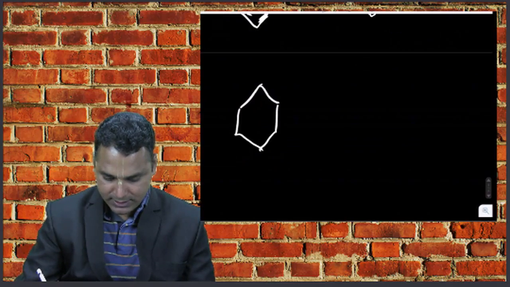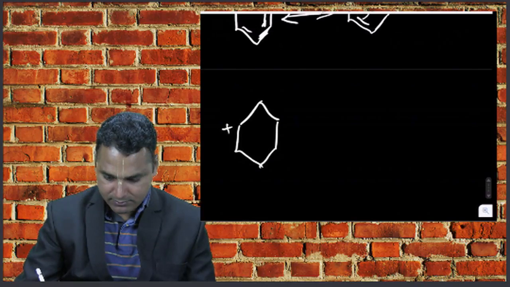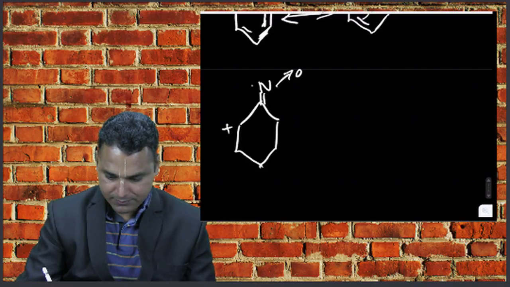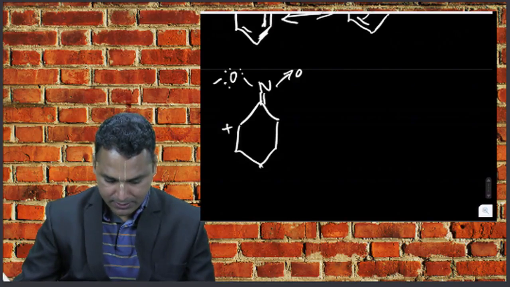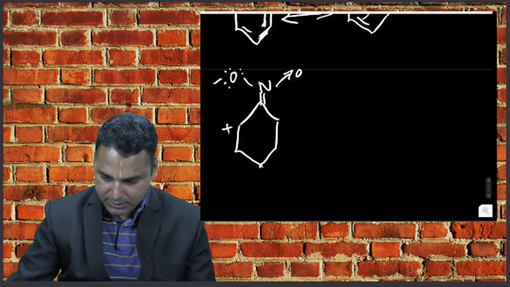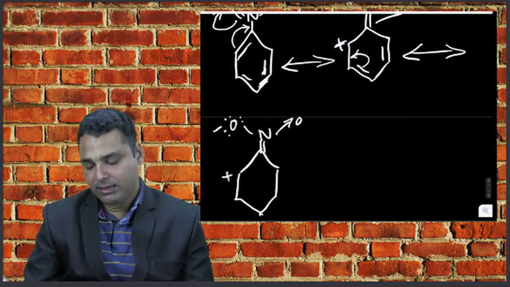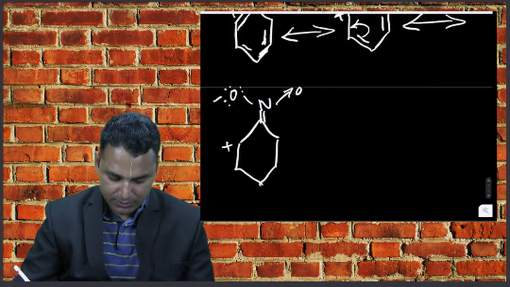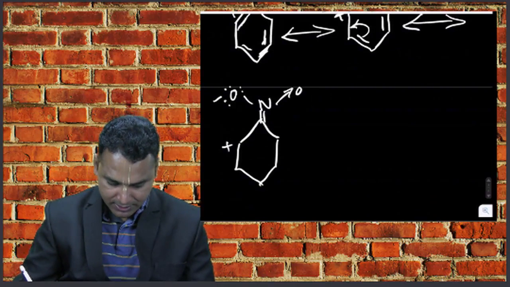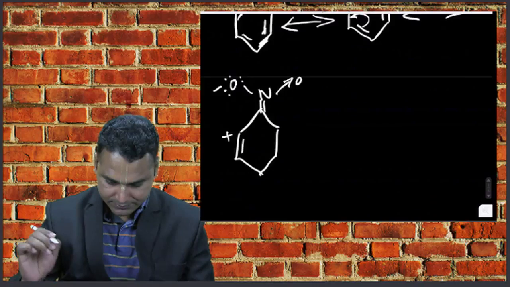Now the same double bond, oxygen, and 1 2 3 4 5 6, and negative charge on the oxygen. Now what happened? This double bond in the last resonance structure has shifted. Now it has come here.